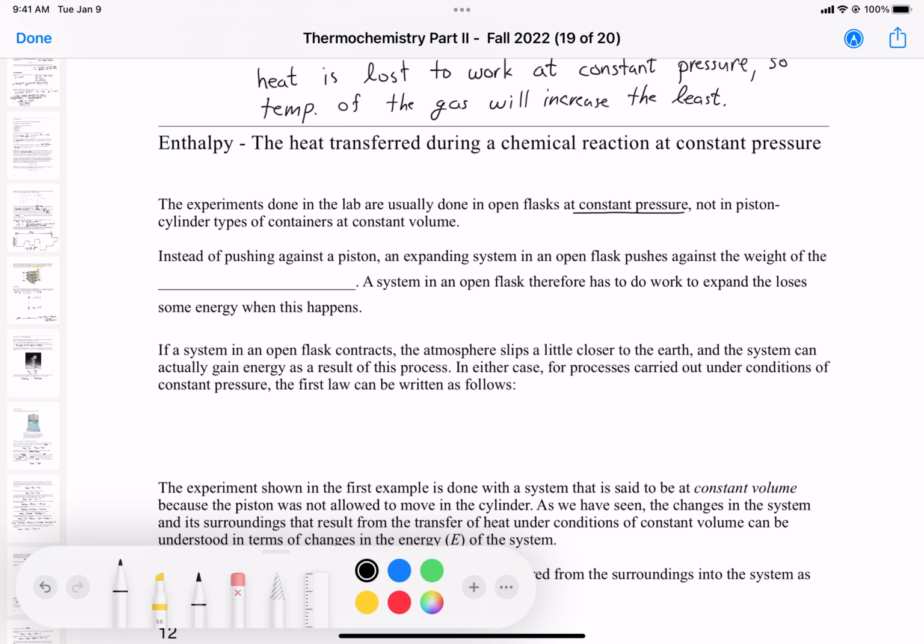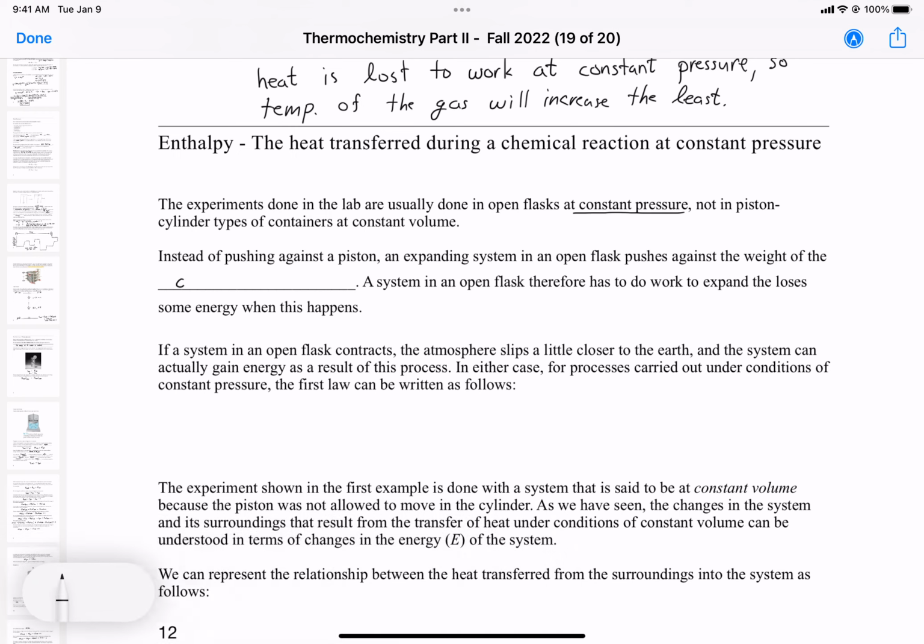So essentially what's happening is the heat that's transferred from the reaction is going to heat up the gases, and it's going to push against the air or atmosphere. So we say atmosphere in this case.